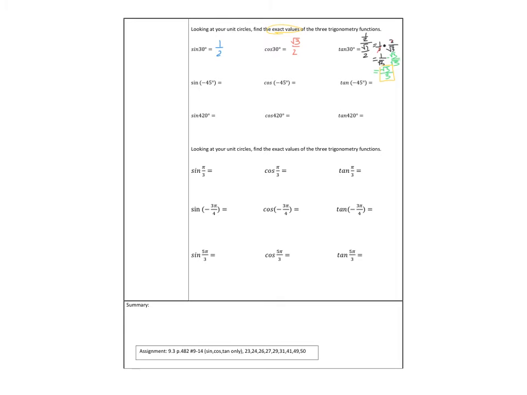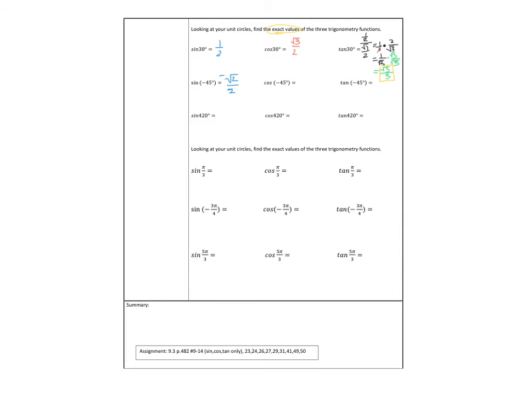All right, sine of negative 45. Remember, negative angles go clockwise, so we're going to go below the x-axis. The sine is the y-coordinate, and that's going to be negative square root of 2 over 2, because below the x-axis.